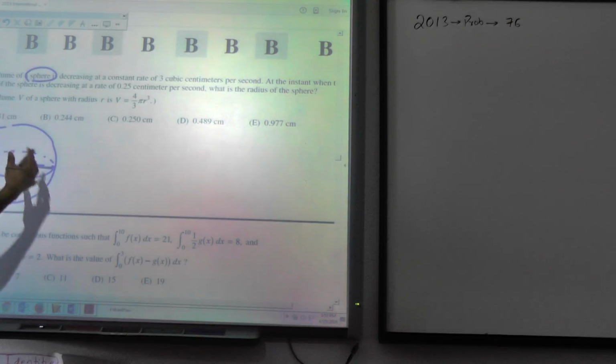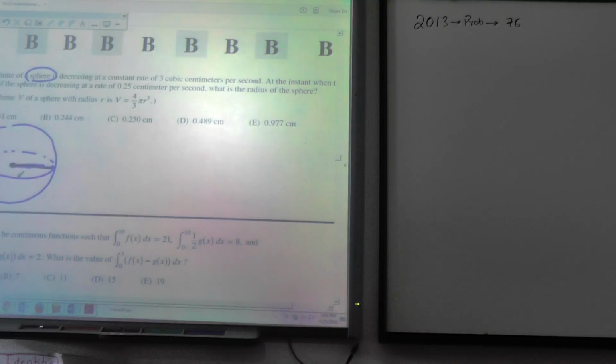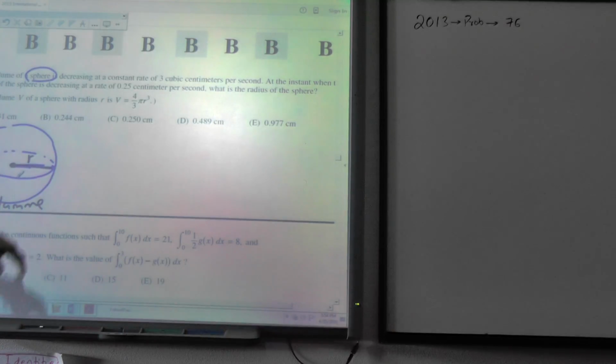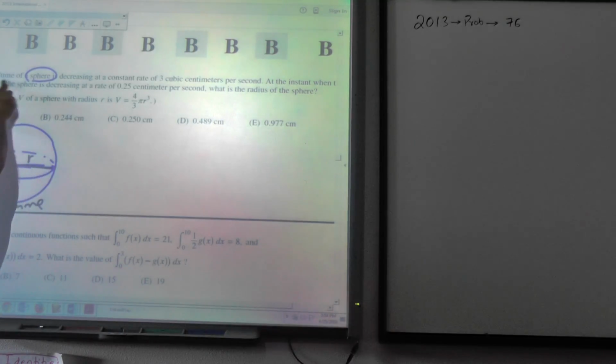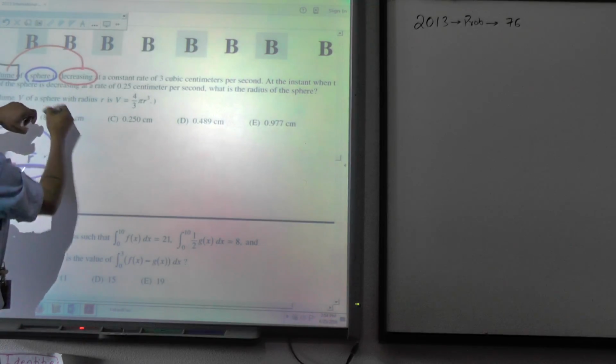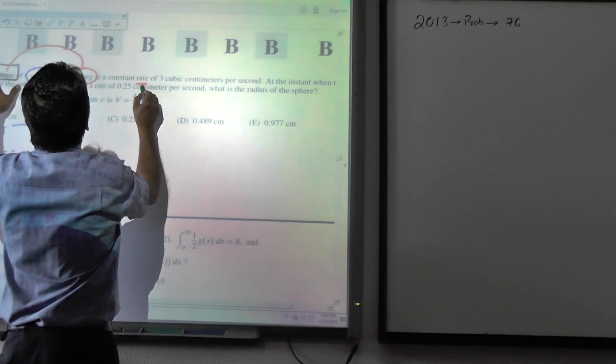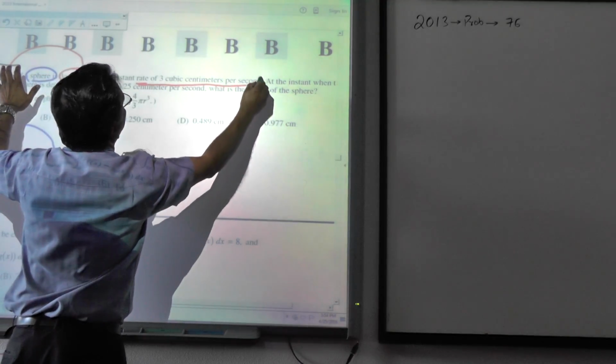This sphere is shrinking; its volume is decreasing. So let's say R is the radius and V is the volume. Let's see what information is given: the volume is decreasing at a constant rate, that means the derivative of the volume.